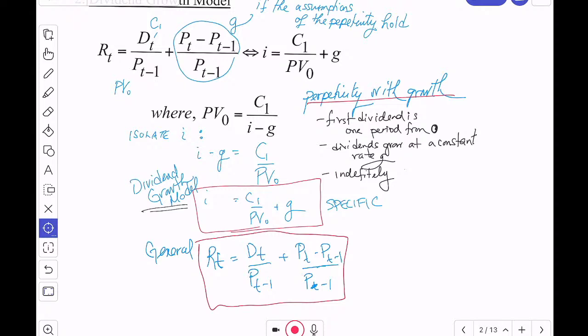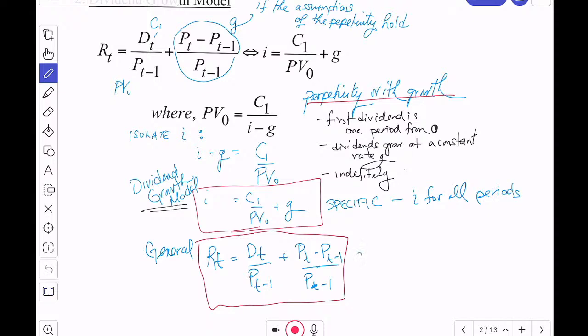When you read them, you have to say either today or time now, and this is last period. So this is the general formula. This is specific, and I for all periods.